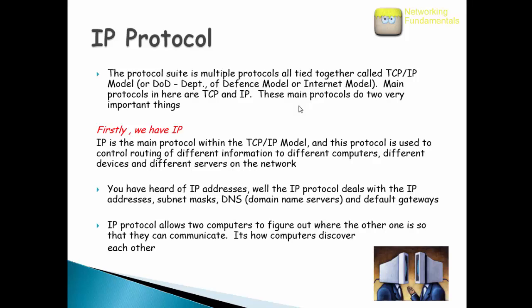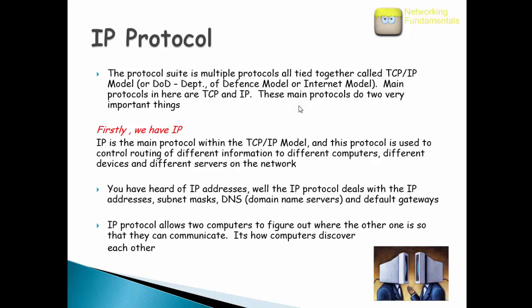So you've all heard of IP addresses. Well, IP deals with the IP address itself. It also deals with the subnet masks, the DNS, which is your domain name servers, and your default gateways. So IP deals with all of these, which are assigned to each computer and each device on the network.